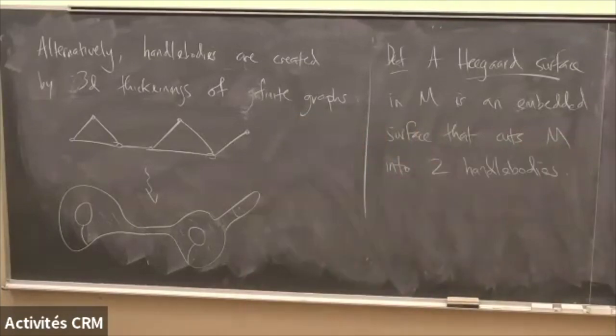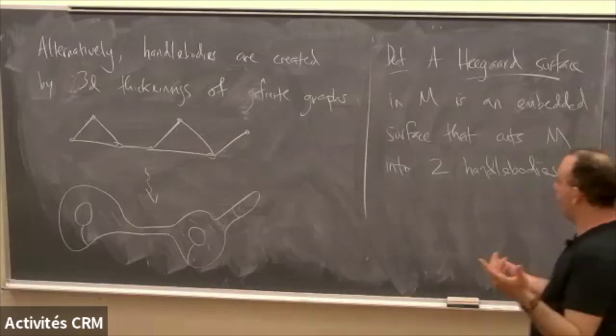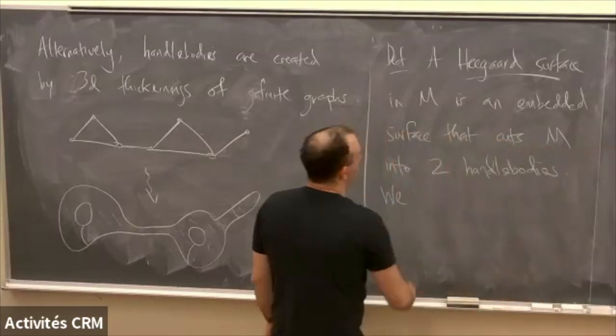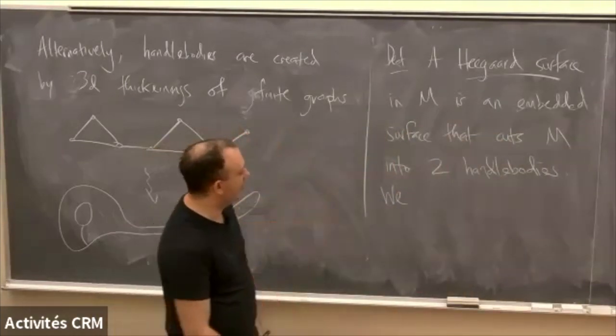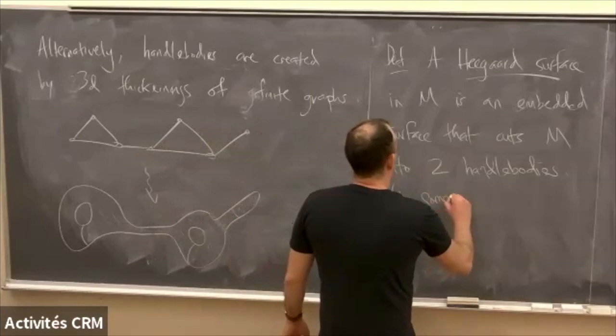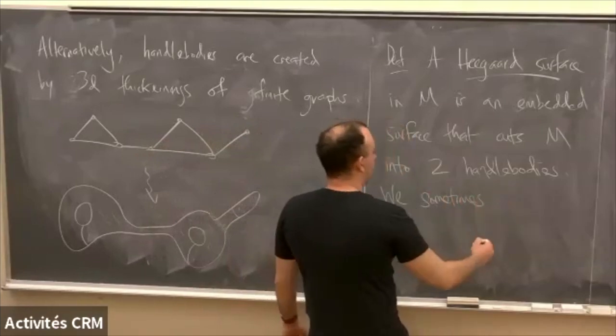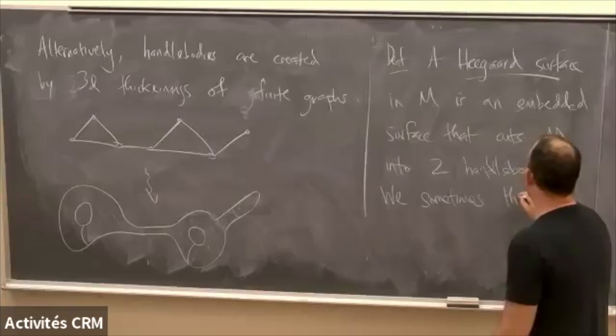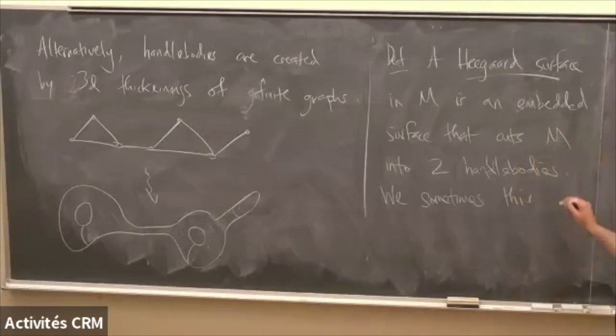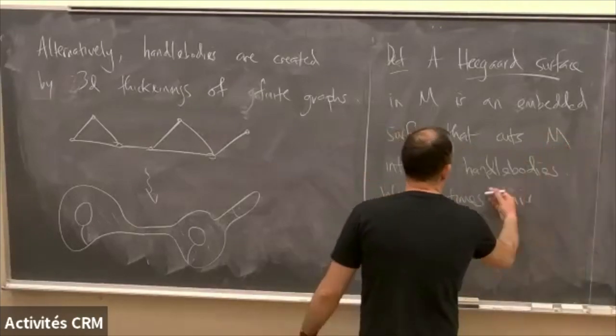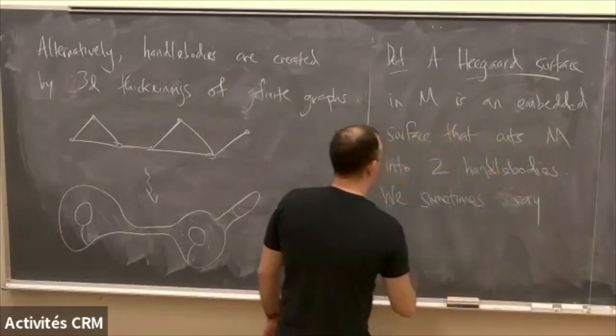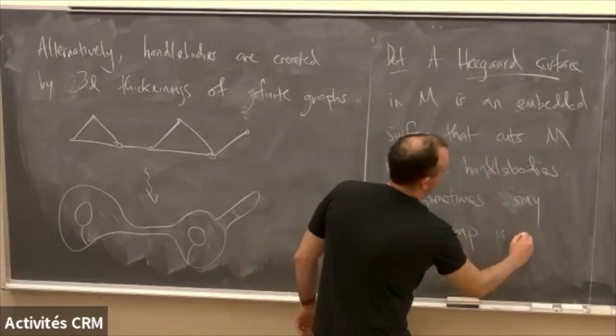So I have an embedded surface, it has 2 sides, and each one of those sides is a handle body. We say that this decomposition is called a Heegaard splitting.